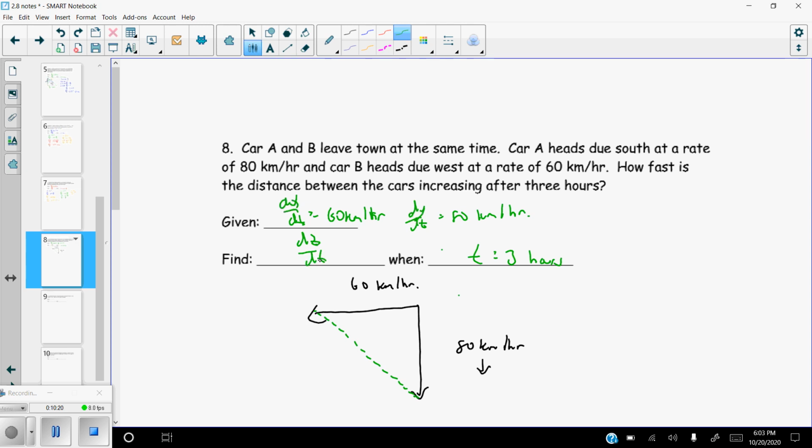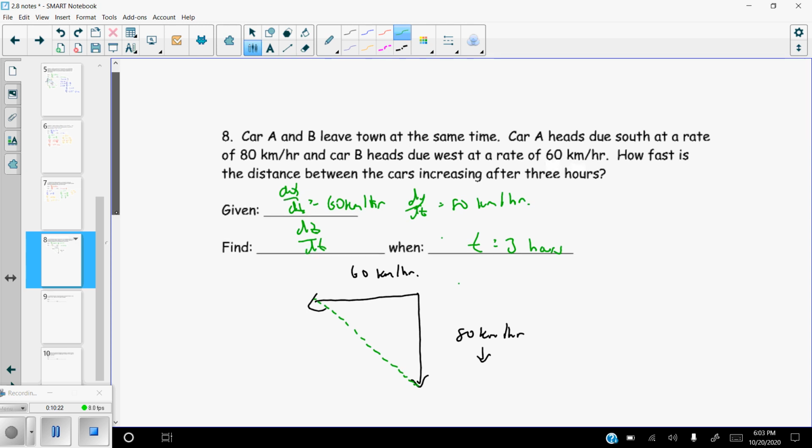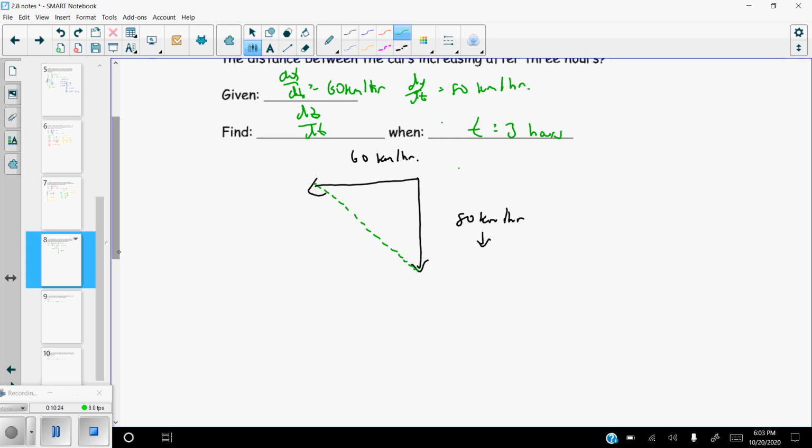All right, so this looks like a Pythagorean theorem type problem because it's got x, y, and z, and it's got a right triangle. So let's start off with that. So we've got x squared plus y squared equals z squared. The derivative, 2x dx over dt plus 2y dy over dt equals 2z dz over dt.